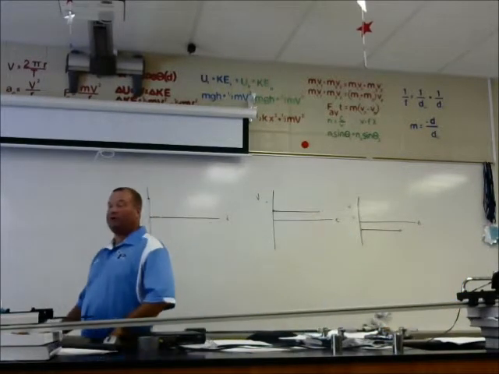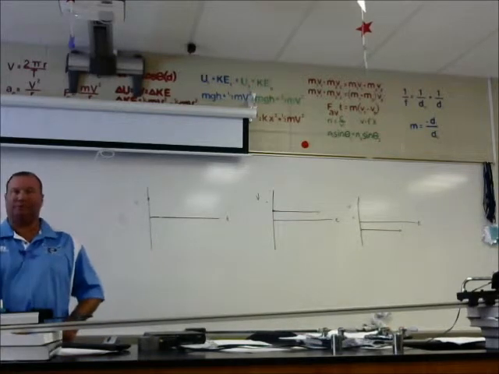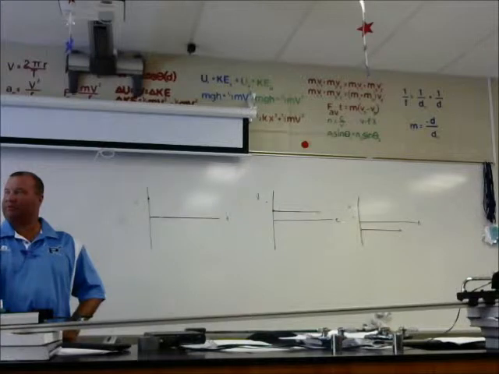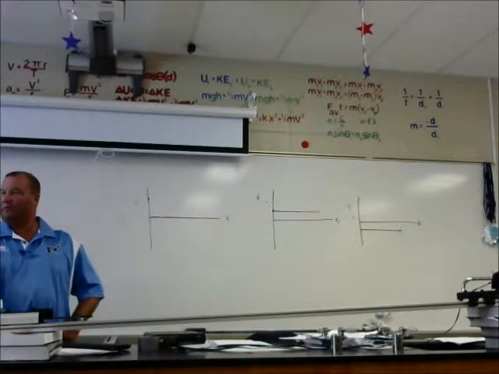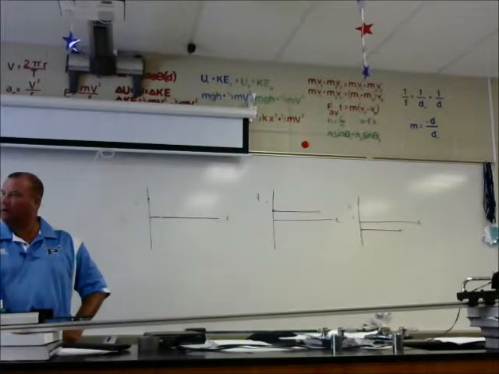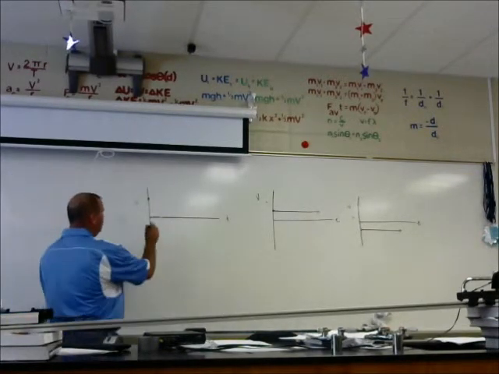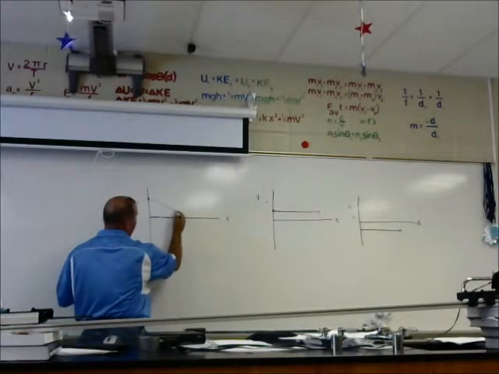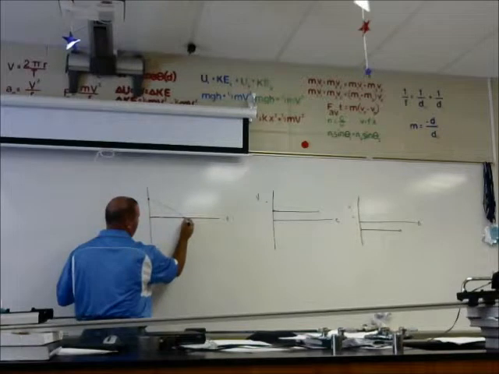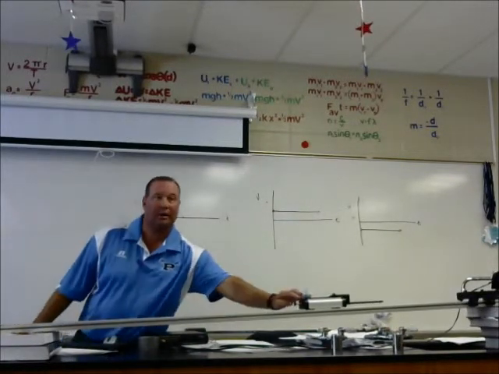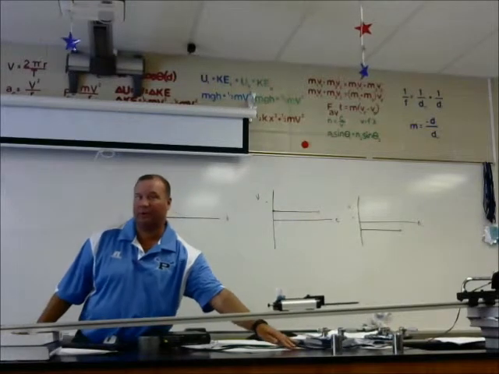Think about where it starts as being my origin. And which way is it moving when it starts? To the right. And is it getting faster or slower? It continues to get slower until what happens? It reaches 0. And then once it reaches 0, what does it do? Goes down.